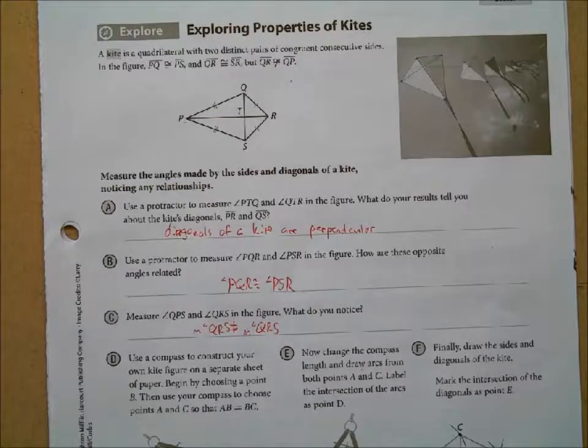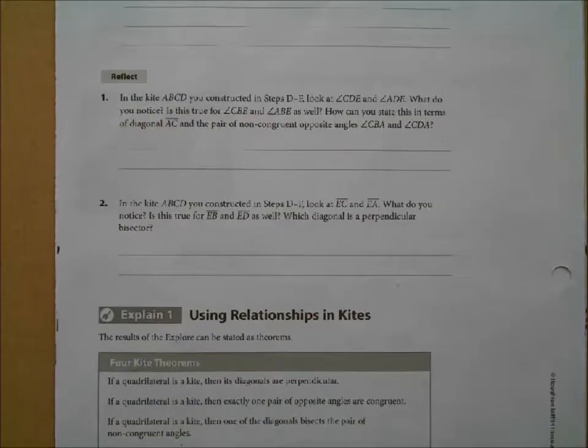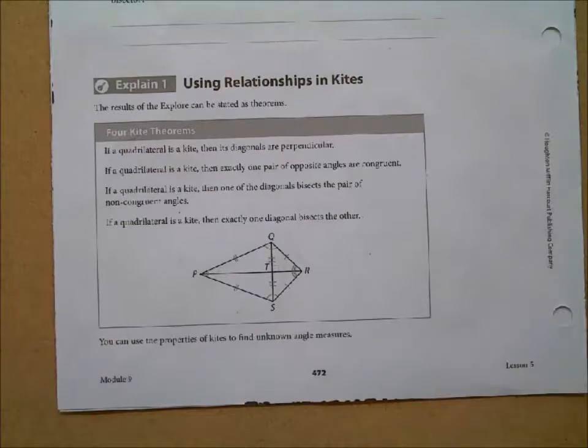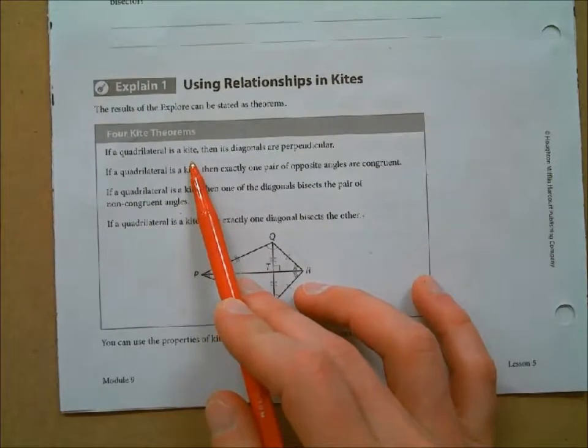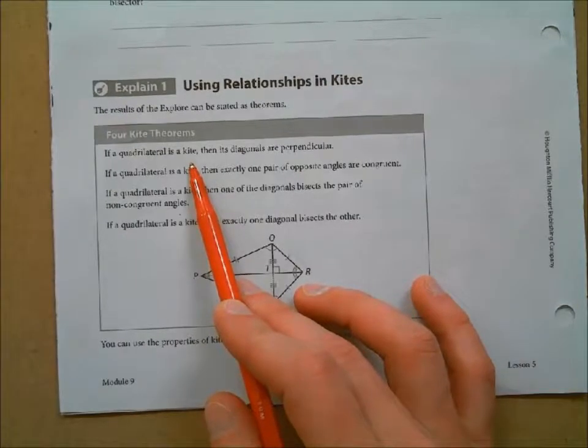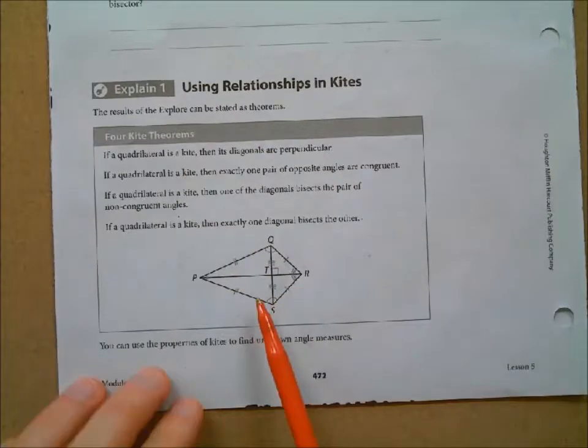Again, we're not going about constructing a kite. We'll just continue on from there. Here are the kite theorems on the next page, page 472. If a quadrilateral is a kite, notice, is a kite a parallelogram? No, right? Are opposite sides congruent?